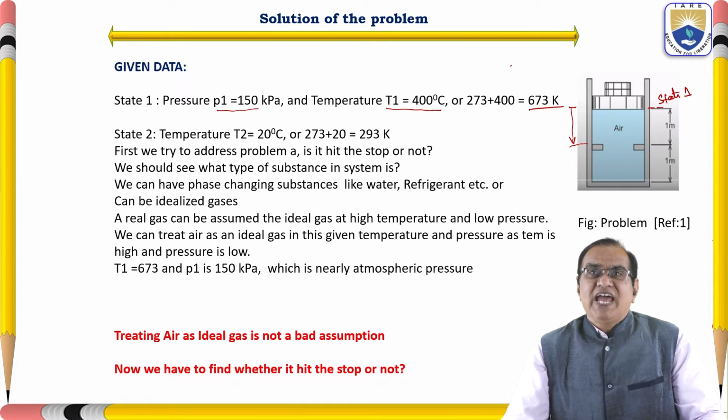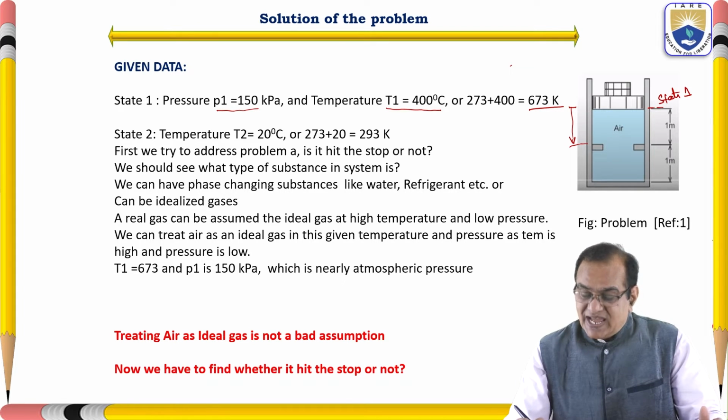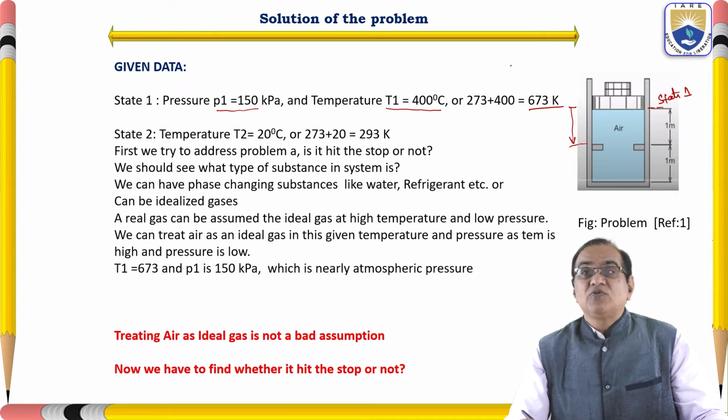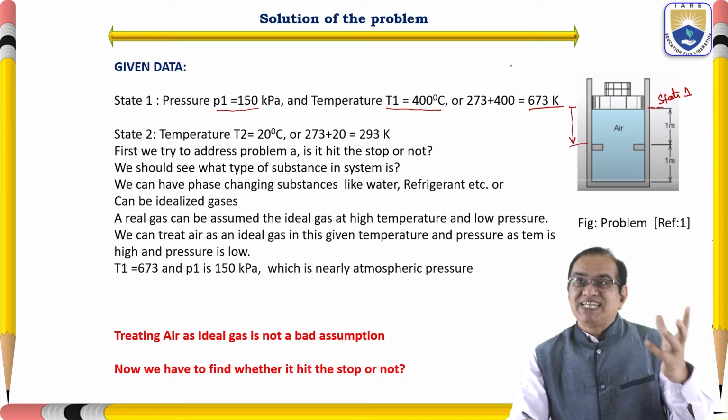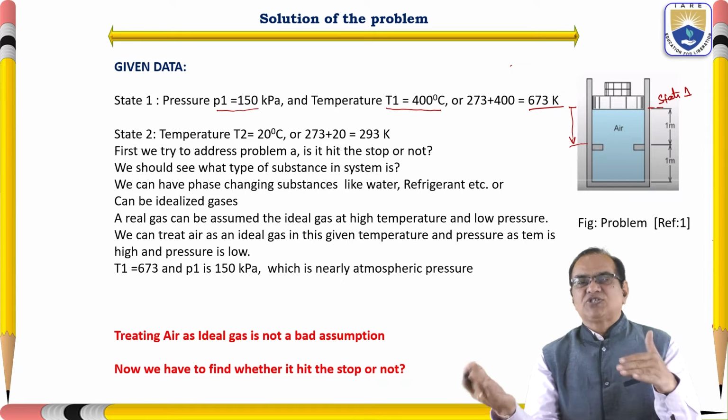Phase changing substances include water, refrigerants, or some other things. If it is water or some other refrigerant, then we cannot use the ideal gas equation, because they are in phase change, from liquid to gas, gas to liquid.